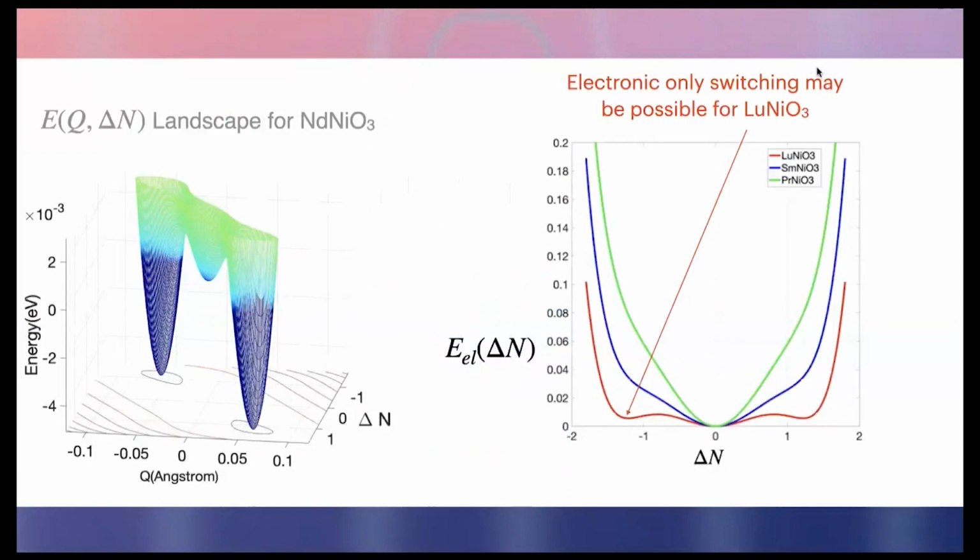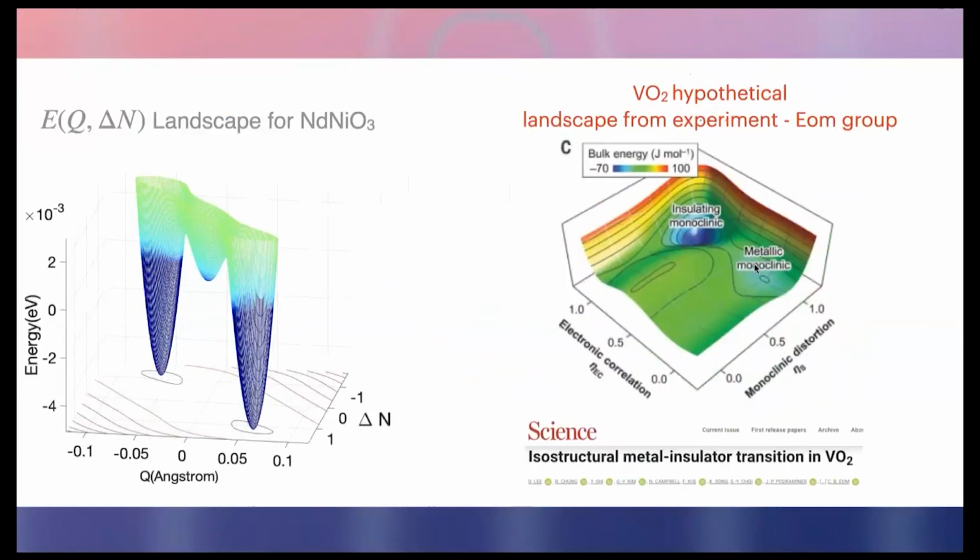And this also suggests, for example, and something people can probe through ultra-fast experiments, or maybe other experiments, that you may be able to have electronic-only switching, for example, for lutetium nickelate. And this is kind of an important question experimentally as well. So for example, in the Ohm group, there was this paper on VO2 where they showed using some superlattices that it may be possible to have symmetry breaking in, say, only the Q and not the delta N or the reverse.